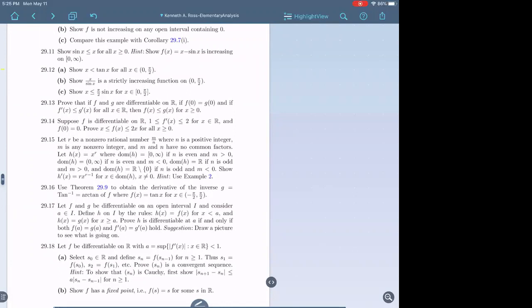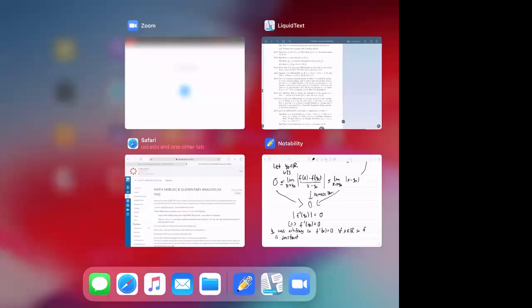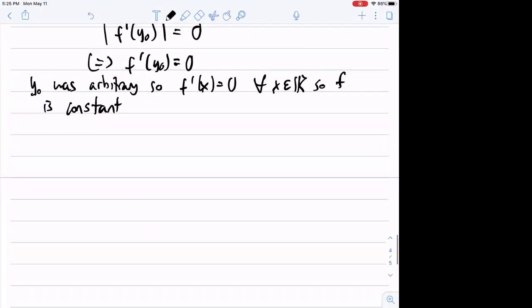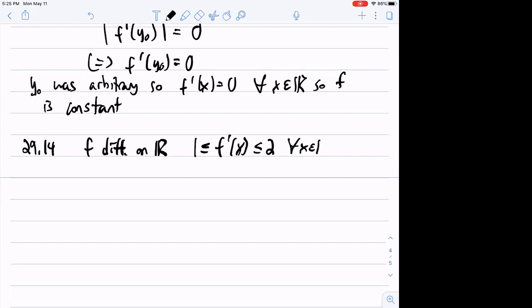So again, let me just write it out, right? f differentiable on R, 1 less than or equal to f prime of x less than or equal to 2. And f of 0 is 0.